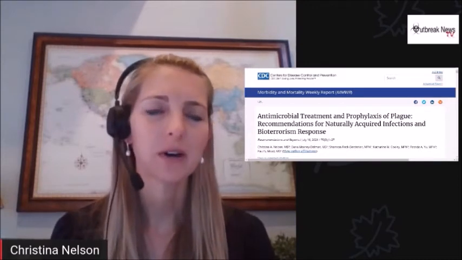There's ventilators and personal protective equipment, and there's also antibiotics and other things to treat and prophylax against bioweapons. So the 21st Century Cures Act mandates if things are stockpiled, then we need to have updated evidence-based guidelines in order to use those medical countermeasures. And so the time was right, and it was important to update these guidelines.